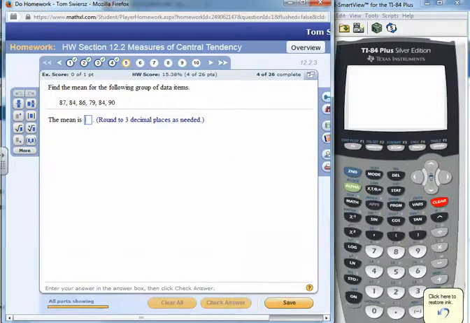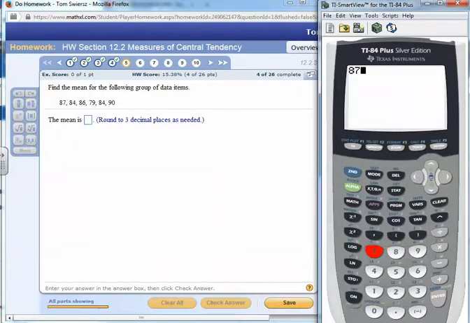Okay, now we're going to actually do some of the problems. Find the mean for the following group of data items. Now notice, you can use your list feature on the calculator, very similar to what you were doing in section 11.8. The mean, you can just add them all up, but it's easier to use the list feature.